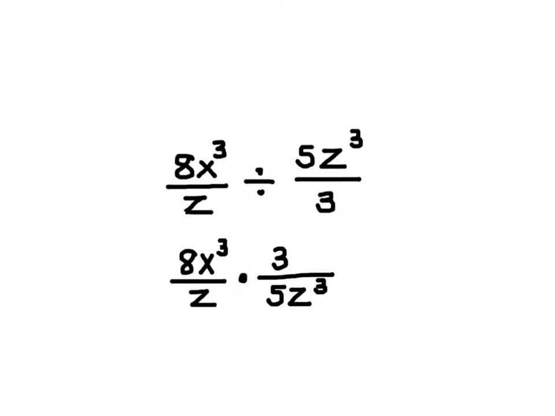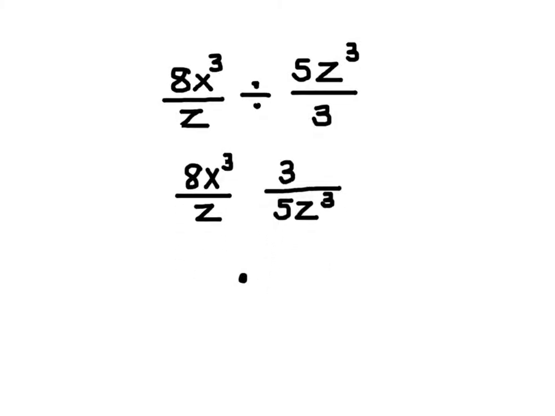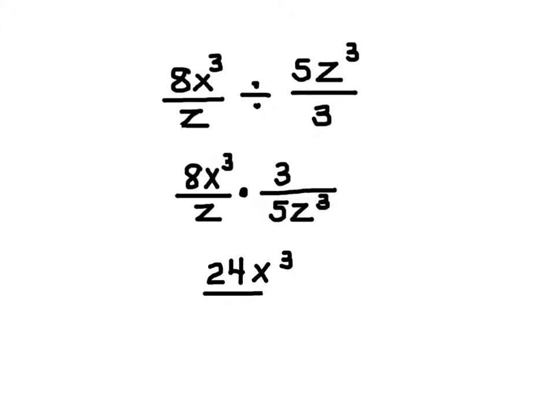Now, looking at this expression, I can see nothing that will cancel out. So let's go ahead and multiply things together. Let's move this up, and our multiplication up. Okay. So 8 times 3 is 24 times x cubed. And in the denominator, we have a coefficient of 5, and z to the first times z to the cubed is z to the fourth.